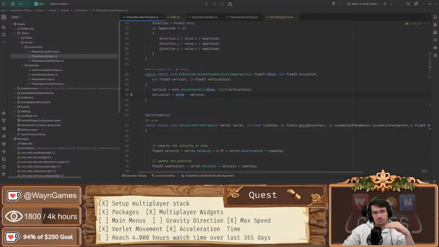So if I'm only having horizontal velocities, that still works. And if I'm only having vertical velocity, that should still work also.